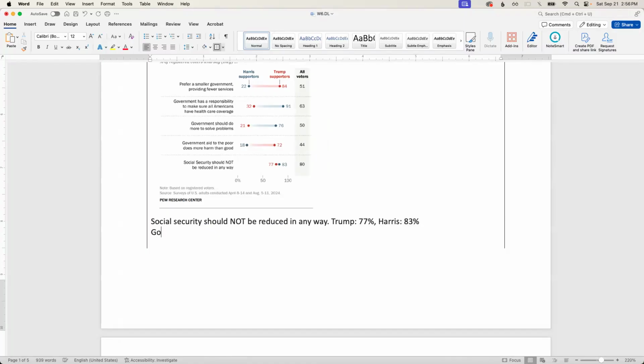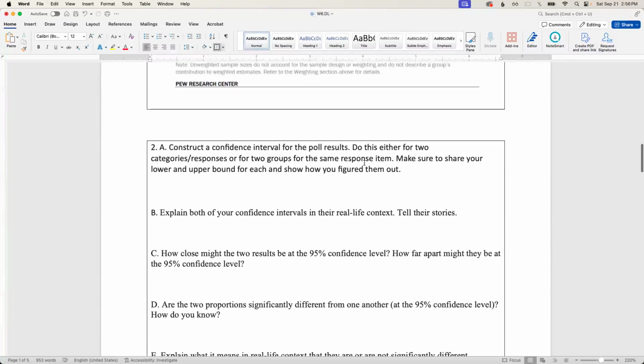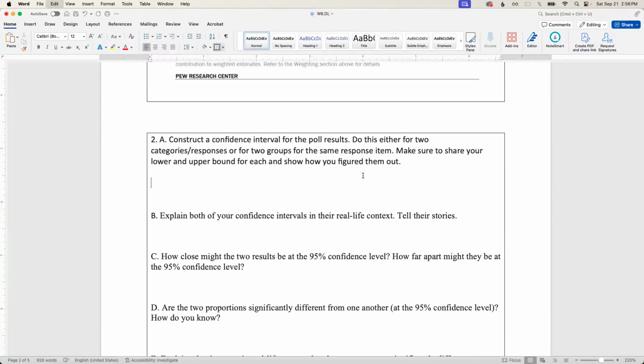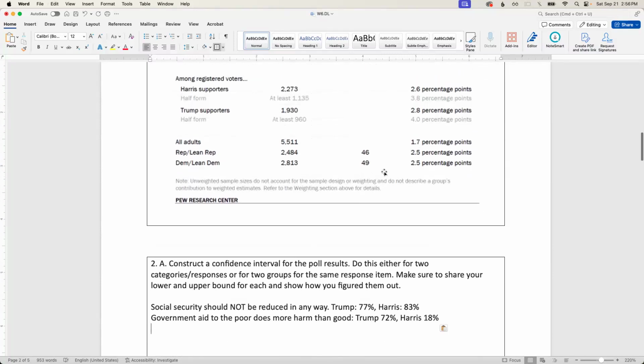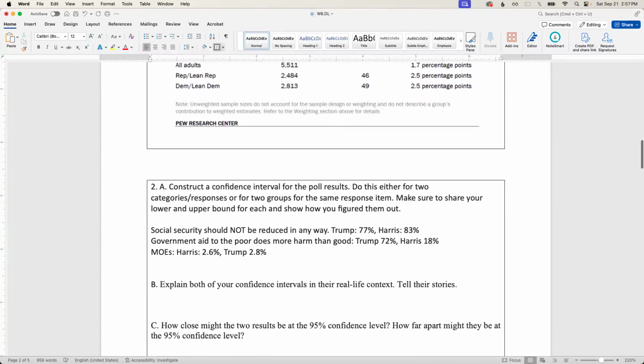And then we'll also just look at this one, government aid to the poor does more harm than good. And it was Trump at 72, Harris 18. So those are my sample proportions. And then I also need my margins of error. So for Harris, it was 2.6%, and for Trump, it was 2.8%. Okay.